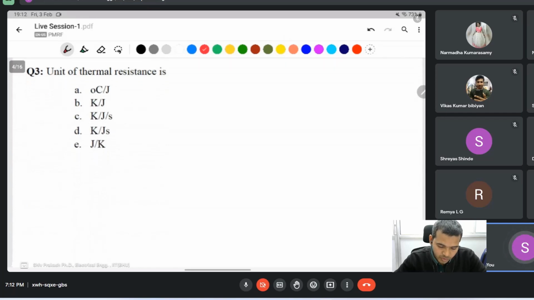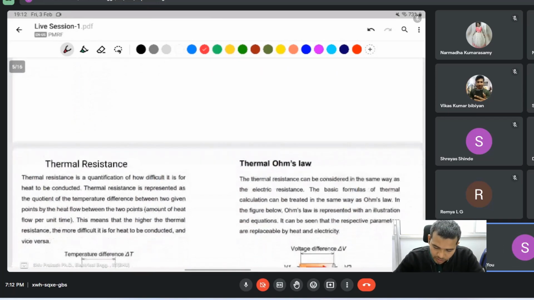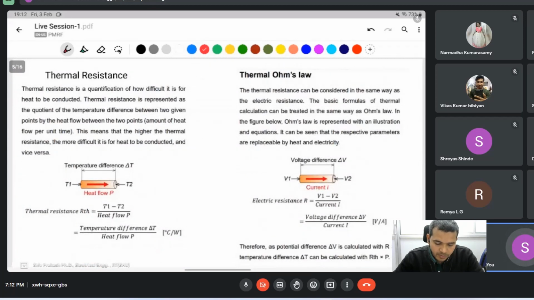Question number three: the unit of thermal resistance. Thermal resistance means the difficulty of heat flowing from one point to another point of any material. It depends on the material. If you choose a different type of material, the heat flow is different, just like current.